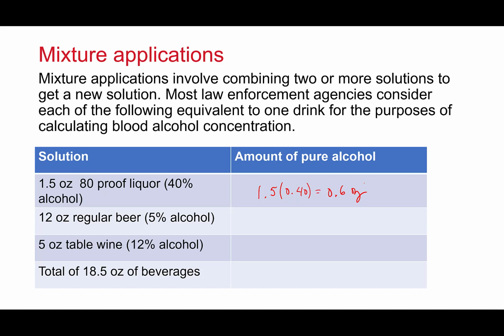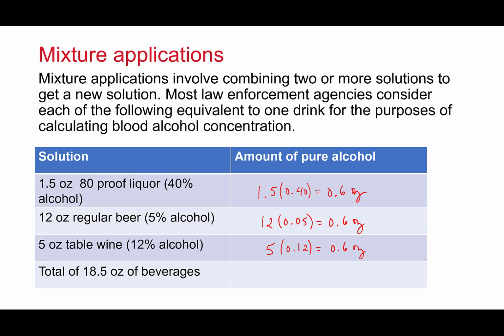The 12 ounces of beer would have 12 times 0.05, or 0.6 ounces of pure alcohol. And then the 5 ounces of wine would be 5 times its strength, which is 12%, or 0.12, which is 0.6 ounces.